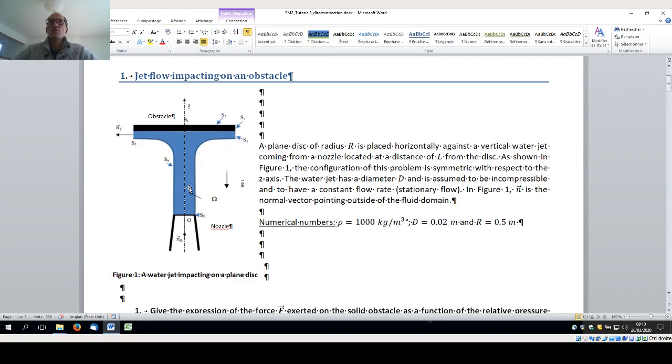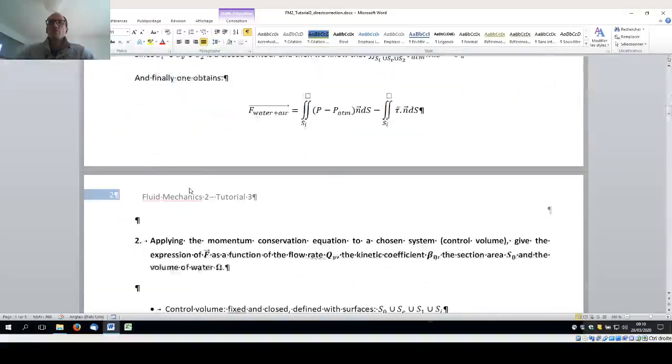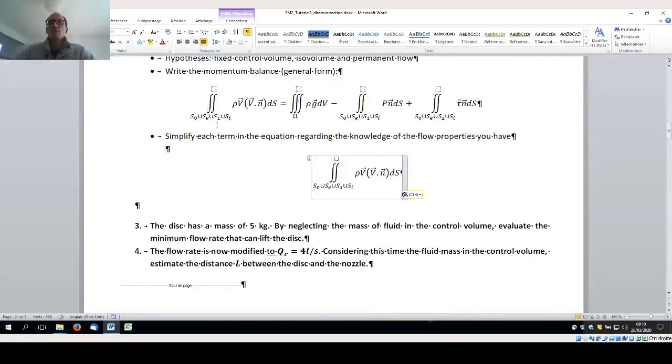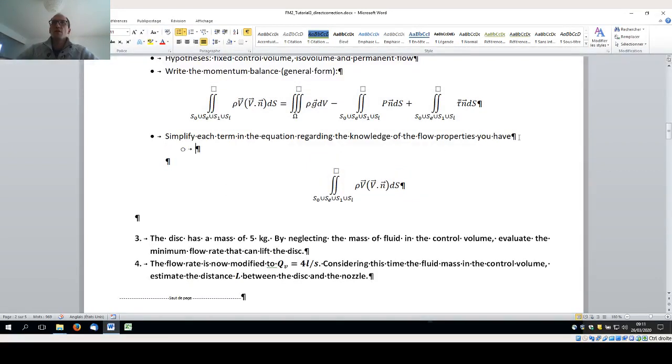What we'll do is try to see if we have information about velocity here, and especially what we can say in the inlet and outlet surfaces.